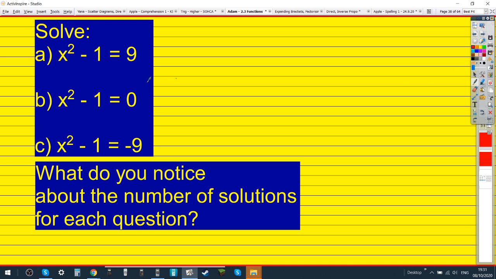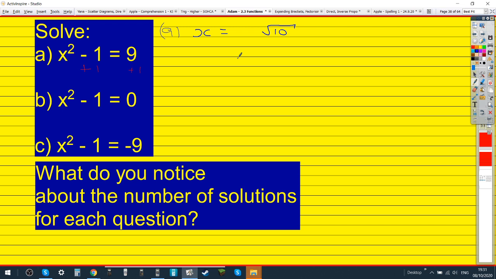Yeah, you can add 1 to both sides. So it gets rid of the 1. So you do the square root of 10. It'd be 3.1 or whatever, but it would just be the square root of 10. X equals square root of 10.